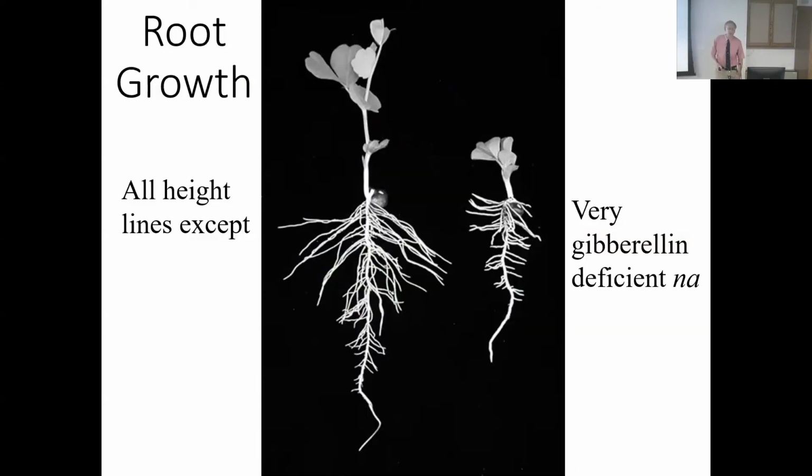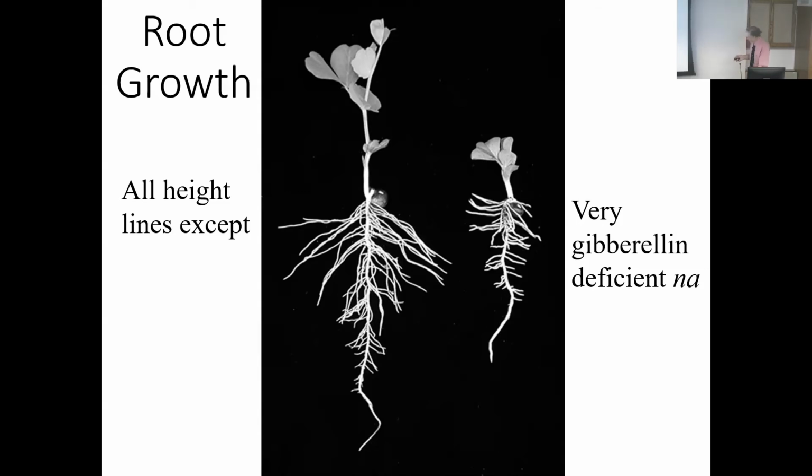If we turn to the roots, we go look under the soil. It has a taproot, but a very branching root system. And most of the mutants that we worked on here, a lot of work was done here by Tom Silver, who teaches the plant physiology labs and the botany labs here now.